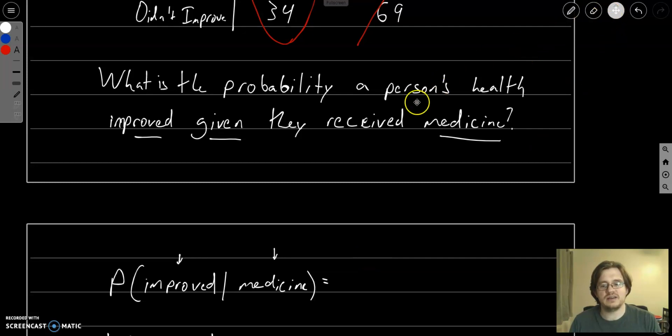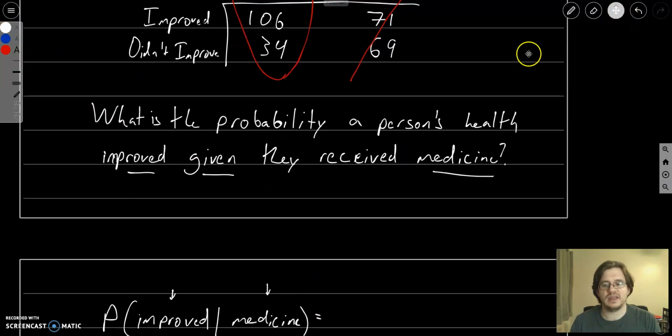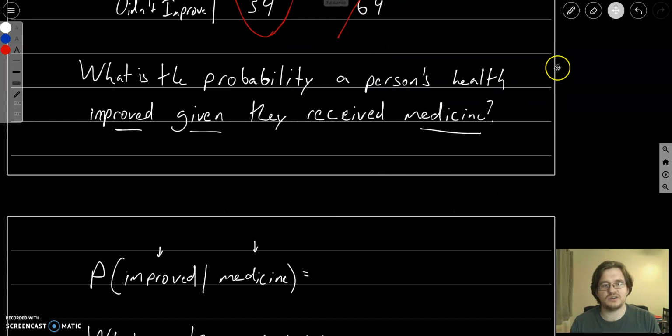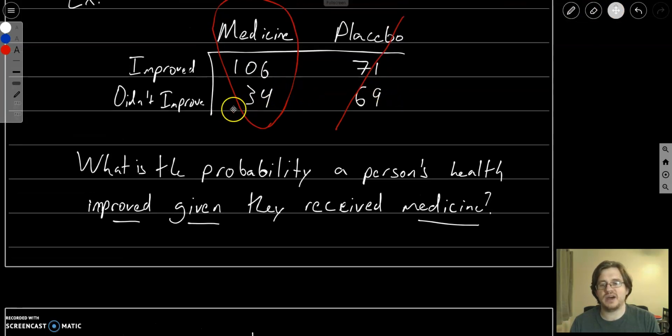So again, to calculate a probability, given everything is equal, what we want is the total number of ways that we could randomly select someone who improved. Well, there's 106 people that improved, and we want to divide by the total number of people, and in this case we're only worried about the total number of people that received medicine because this is information that we're told.